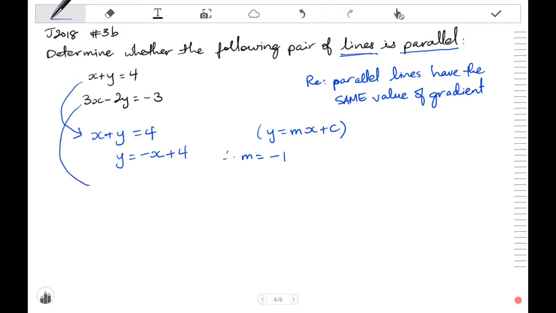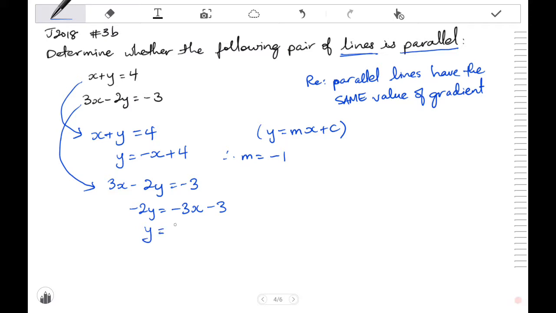Now we just look at the second line. The equation of the second line is 3x minus 2y equals minus 3. Again, you rearrange, so you'll have minus 2y equals minus 3x minus 3. And I divide by minus 2 because I want to make y the subject.